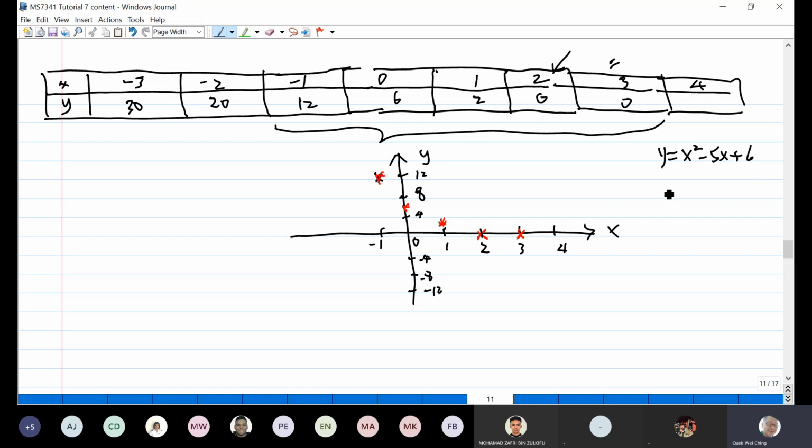For x equal to 4 now, 4 squared minus 5 times 4 plus 6, you get 16 minus 20 plus 6, which is 2. Okay, next for 4, we get 2 here. So actually, you go back up somewhere here.